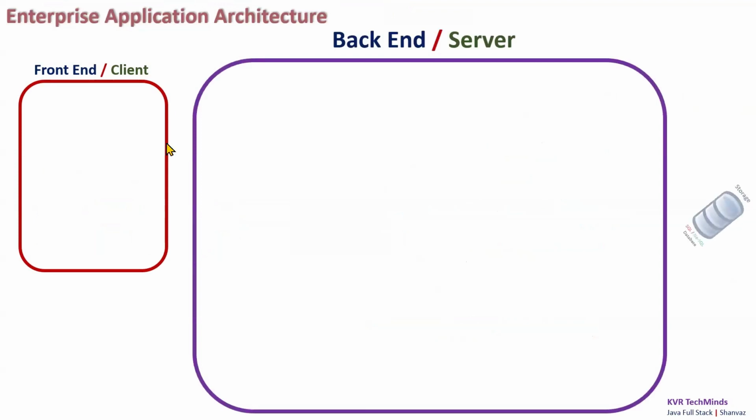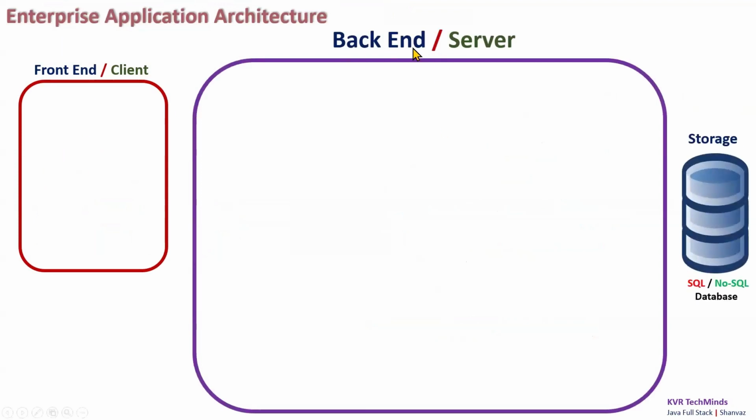Okay, fine. Next, let me put this complete information in a diagrammatic style. This is the front end, you have the backend, and you have the storage layer. The storage layer, the database, is further divided into SQL and NoSQL. NoSQL means not only SQL, more than that.